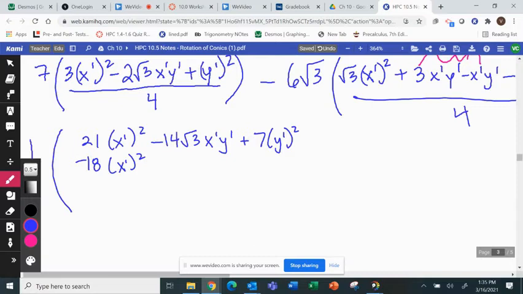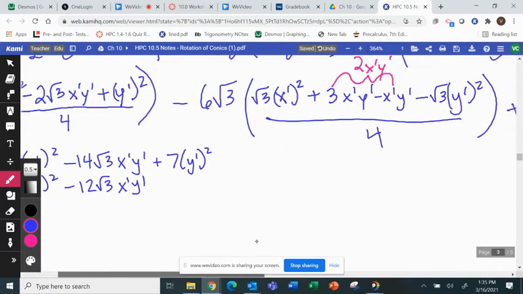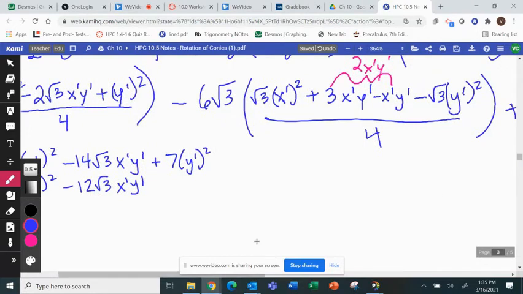And then I've got this 2x prime y prime multiplied by minus, so minus 12 square root 3 x prime y prime. And then I'll get positive 18 y prime squared.